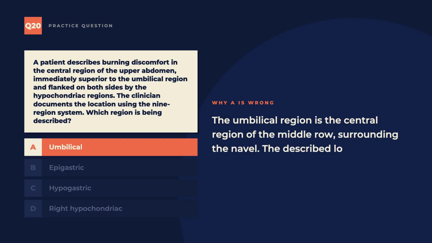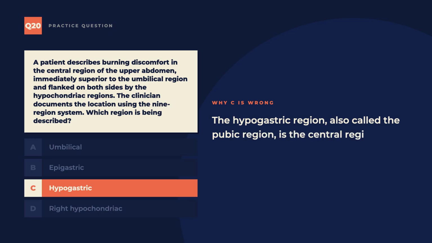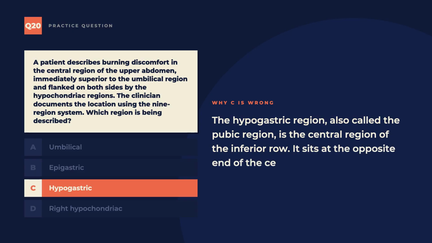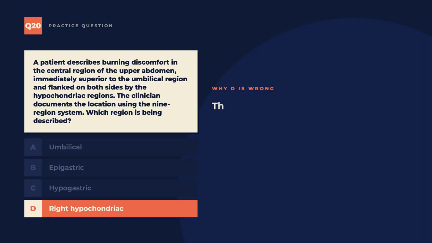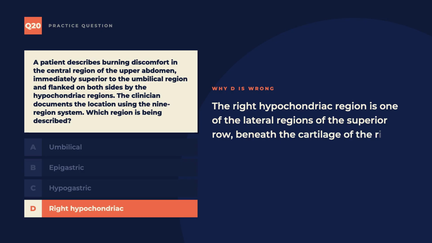The described location lies directly above it. C is wrong because the hypogastric region, also called the pubic region, is the central region of the inferior row. It sits at the opposite end of the central column. D is wrong because the right hypochondriac region is one of the lateral regions of the superior row, beneath the cartilage of the ribs on the right. The description explicitly places the discomfort between the hypochondriac regions rather than in one of them.